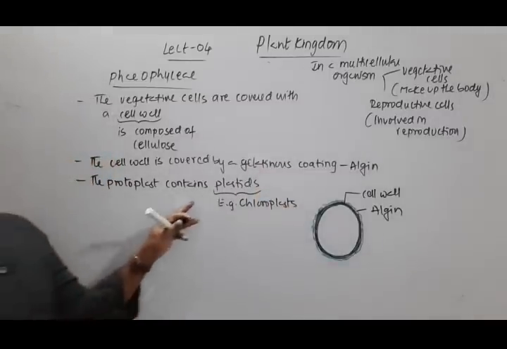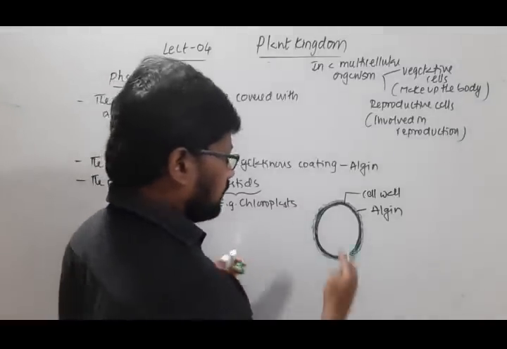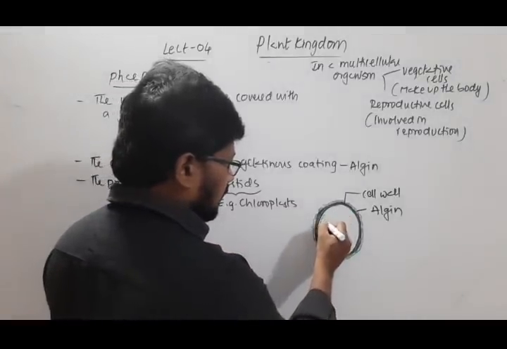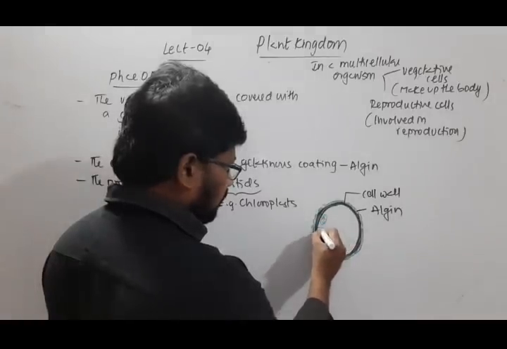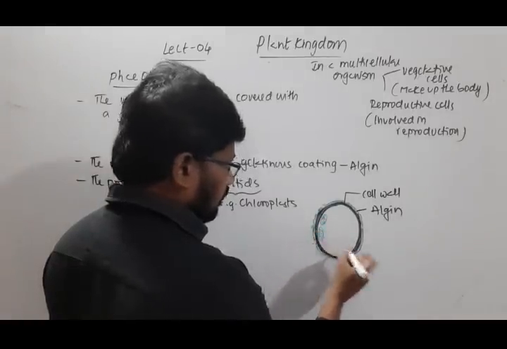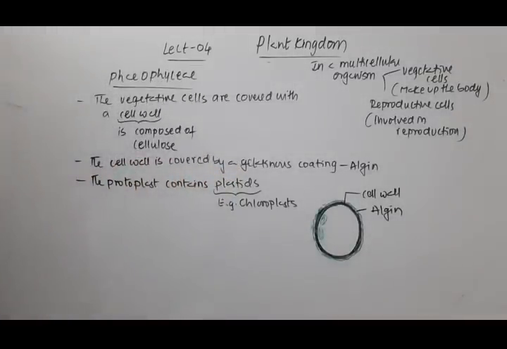Located in the cytoplasm, we see the presence of chloroplasts, okay, and then there is a centrally located vacuole.